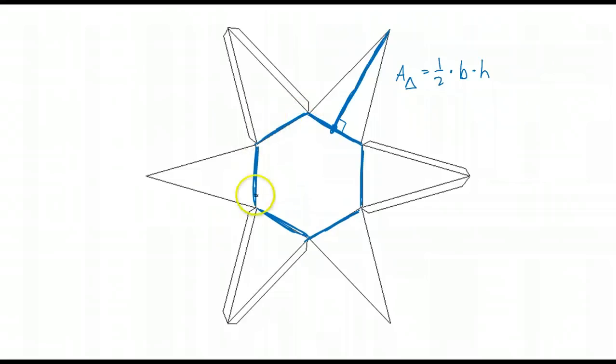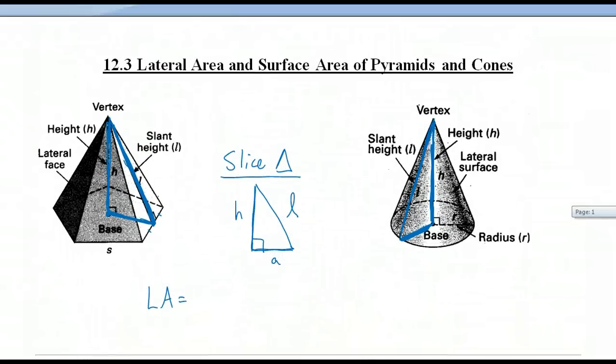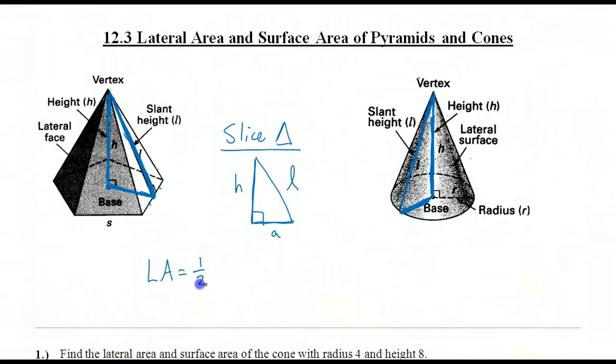So I want to use the perimeter of my base in my lateral area formula. And the height of each of these triangles will not be the height of my pyramid, but rather the slant height in my pyramid. So the formula is going to be 1/2 times the perimeter of my base times the slant height.